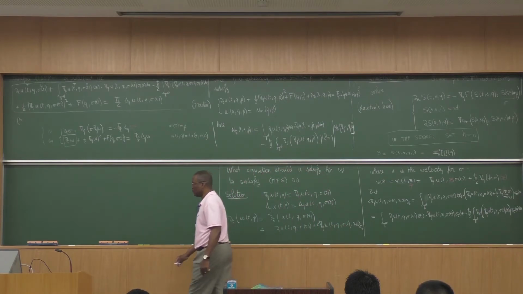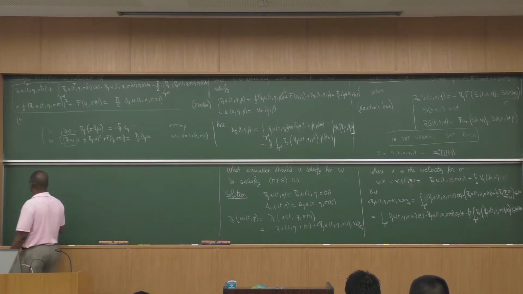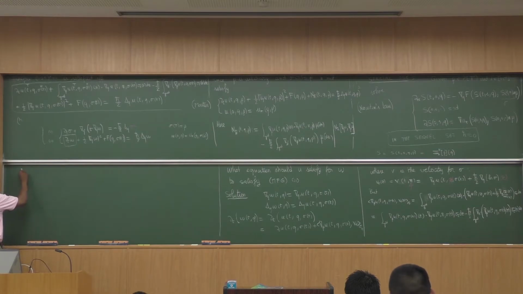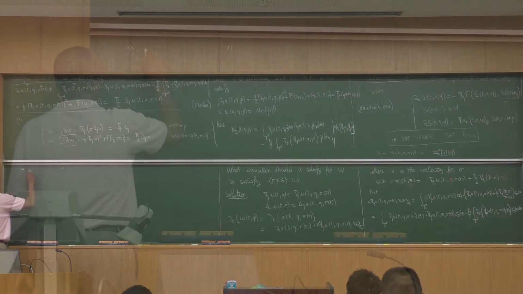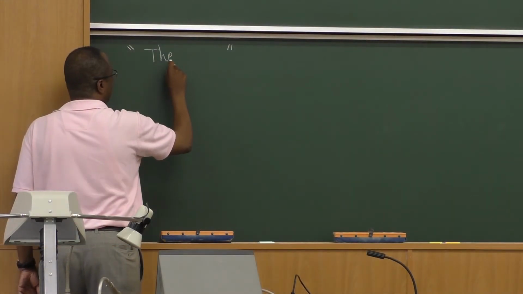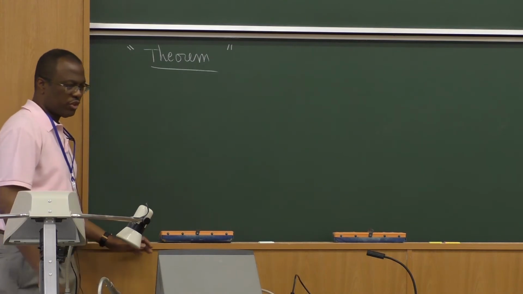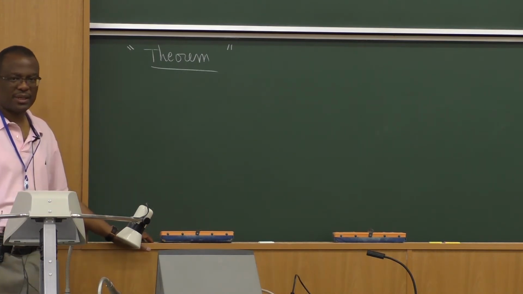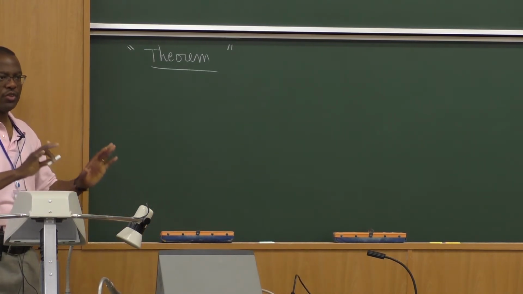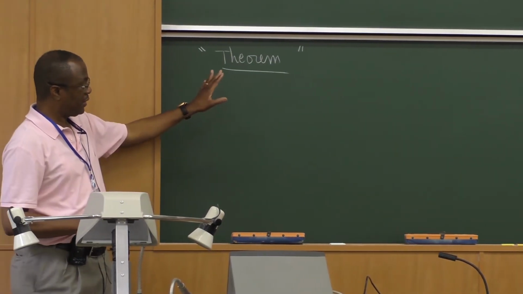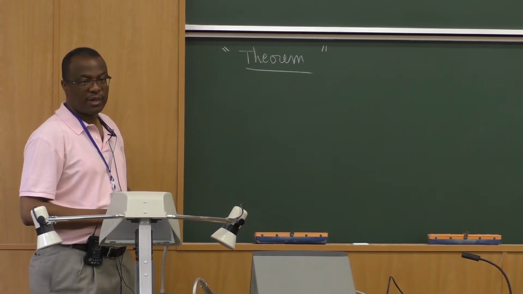So let me state, I will not call it a theorem. If I write all the assumptions, I am going to distract you from the main idea. So let me just state a theorem without assumption.